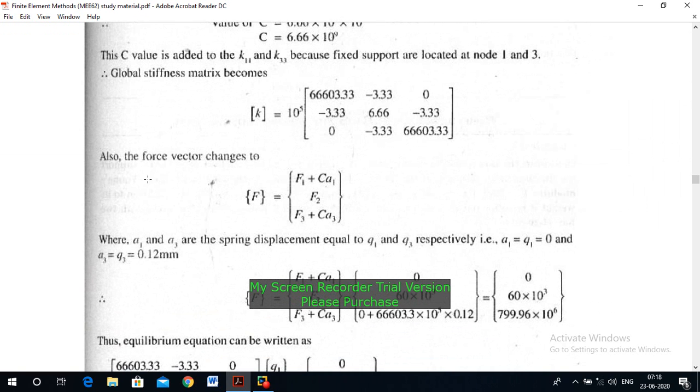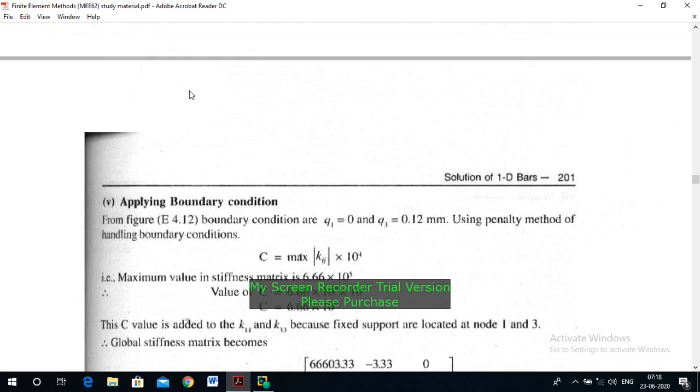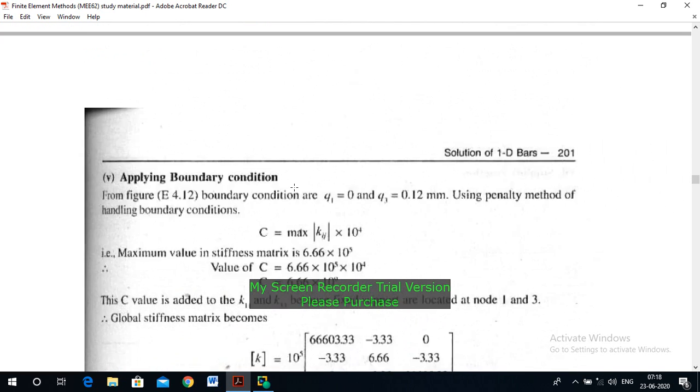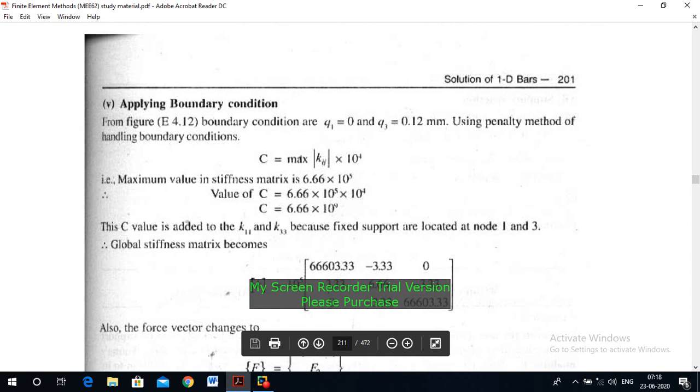Okay, here look at it, after adding C value to the global stiffness matrix, 3.33 plus C, 3.33 plus C here. After simplification I will get the answer 10 power 5. The answer I will get like this.